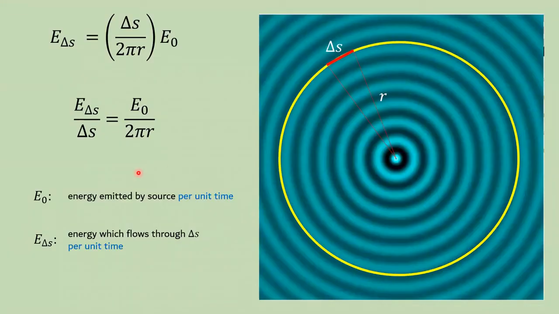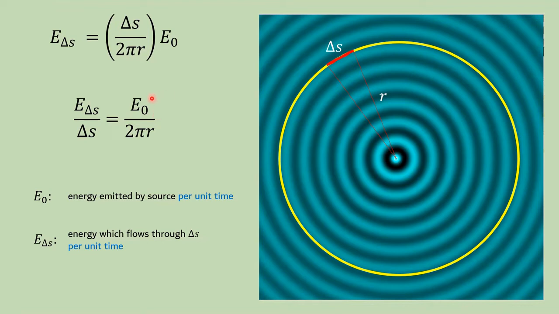Okay, so really what I've been talking about, I just assumed that this source was putting out E naught units of energy per second, so per unit time. That's really the power that I'm talking about. So if it was 5 joules per second, then rather than calling that 5 joules of energy, I can just say the rate of energy consumption is 5 watts.